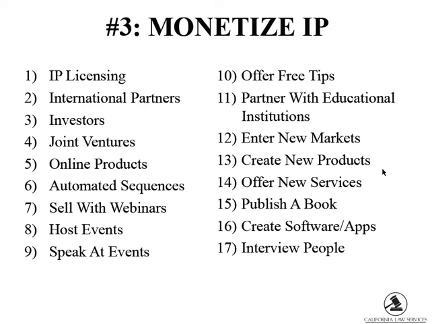Set up some automated sequences, sell with webinars, host your own events and workshops, go speak at different events, offer free tips to people in your workspace, perhaps, or to other organizations. Partner with educational institutions, enter new markets, create new products, offer new services, go publish a book, create some software or applications, go interview people, make a book out of it, perhaps, right?